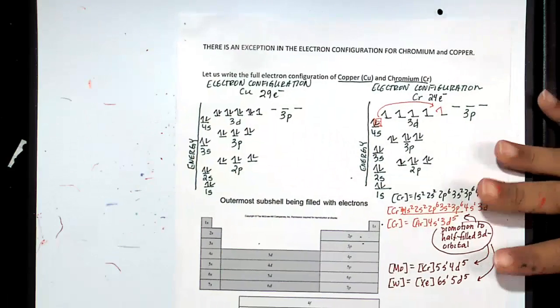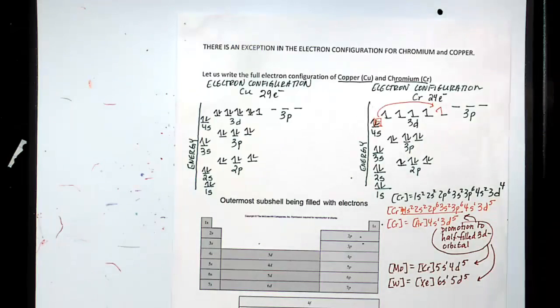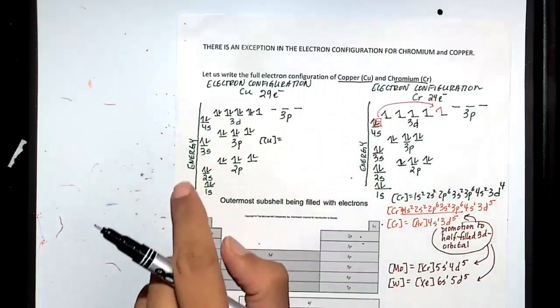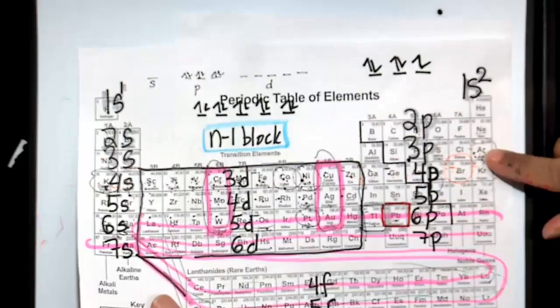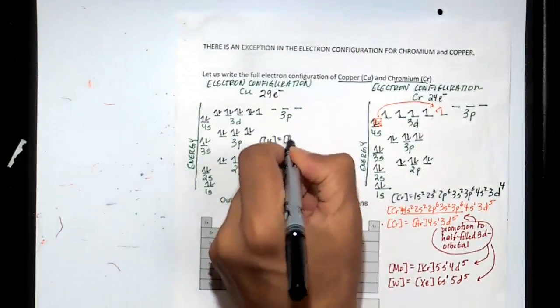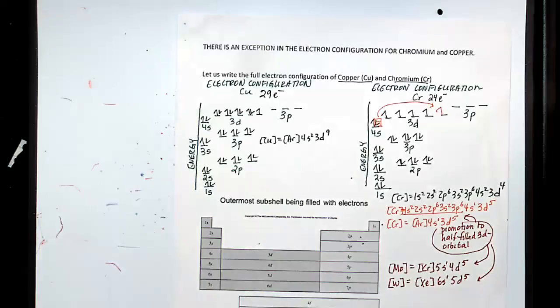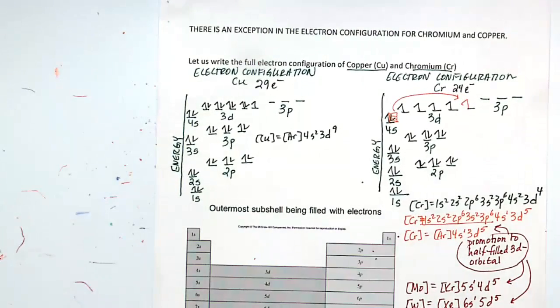So you would think the electron configuration of copper would be, okay, 3s2, 3p6 is argon, so argon 4s2, 3d9. But that's not what happens. Here we have a promotion.